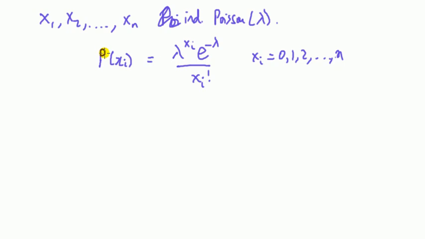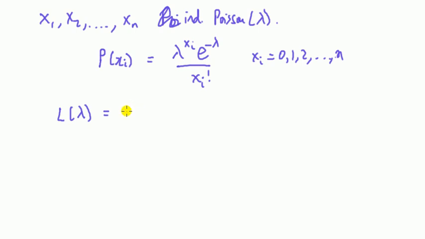Now I'm using the P notation instead of the F notation. You can use F if you like, but usually when we have a discrete random variable, we use P. We call this the probability mass function. So the likelihood, where lambda is the parameter, equals the product of the marginals.